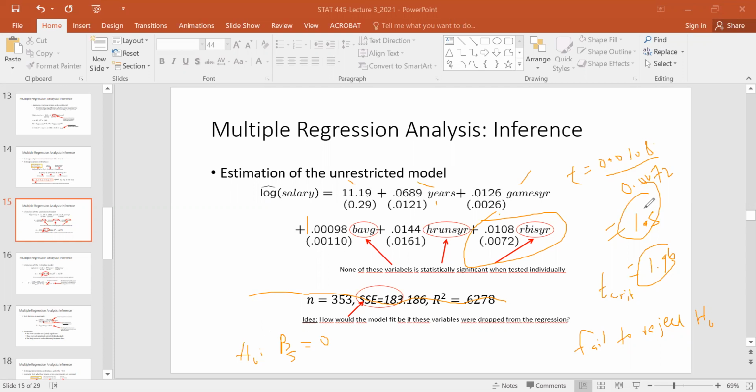T calculated wasn't bigger than T critical, so we failed to reject this one. Once you fail to reject, you are accepting that it is 0, in quotes, accept. Of course, anything which is 0 is not significant. If your salary is 0, that means your salary is not significant. So when we fail to reject, we say beta 5, or the variable associated with it, RBISYR, is not significant.